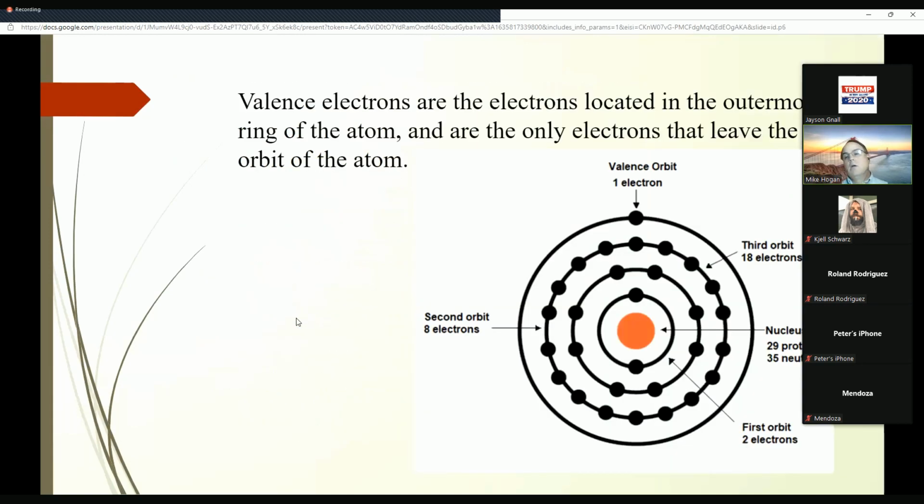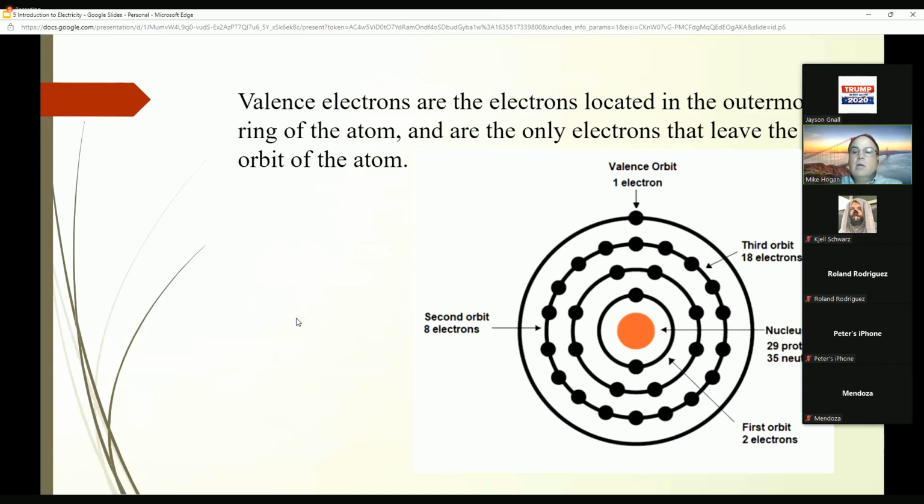There's an example. We've got our nucleus in the center. Inside that nucleus, you've got our protons and neutrons. And then around that nucleus, we've got these shells. And you can see electrons in each one of these shells.